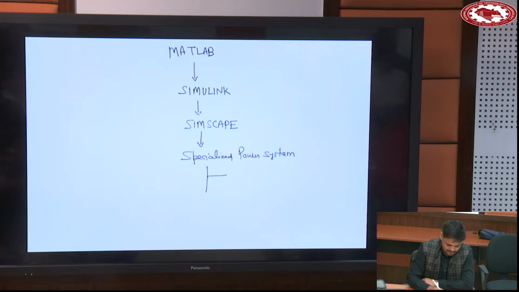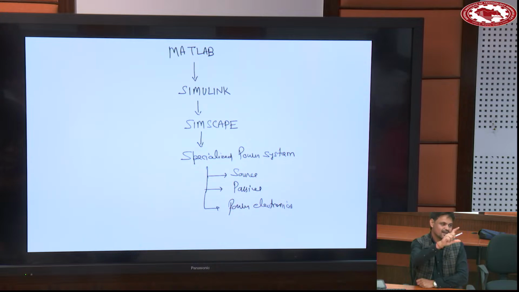there you will get source, and passive, power electronics, switch gear and also. Whatever you want, we want one DC supply, two DC supply, R, L and switch.